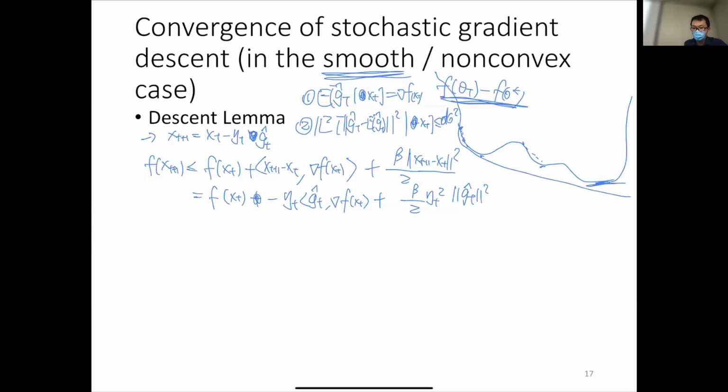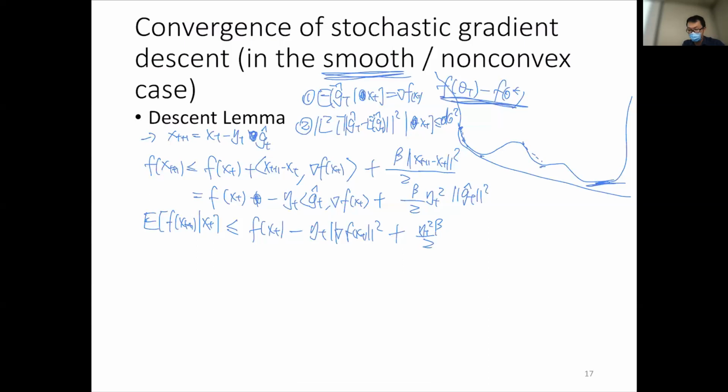Now let's apply these assumptions by taking the conditional expectation on both sides. The conditional expectation of f of x_{t+1} given x_t is smaller than f of x_t. This is not random because we're conditioning on x_t. The middle term simply becomes minus eta_t times the norm of the gradient of f at x_t squared, plus half eta_t squared beta times the expectation of the norm of g_t squared. For that expectation, it breaks down to the square of its expected value plus the variance.